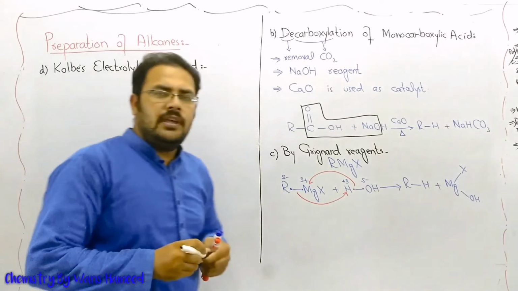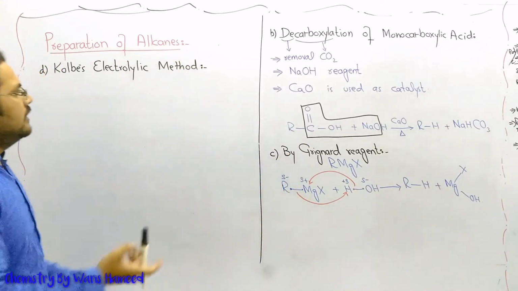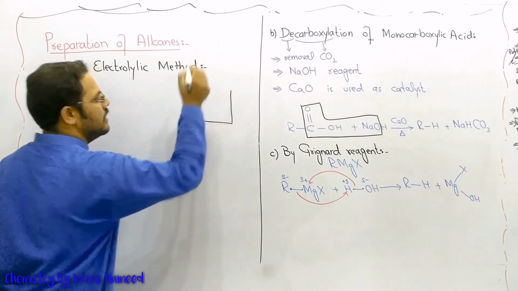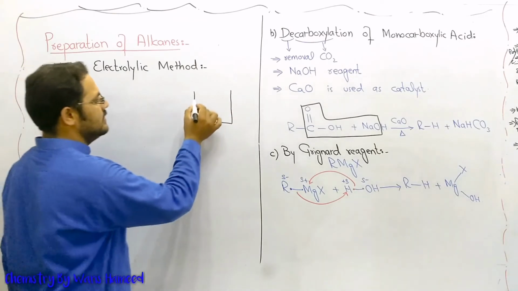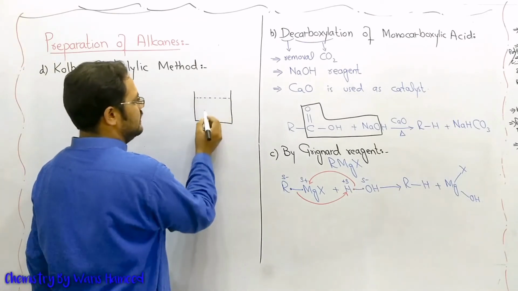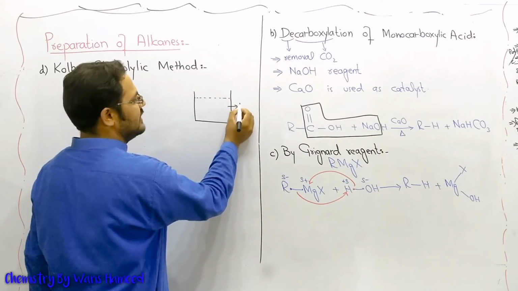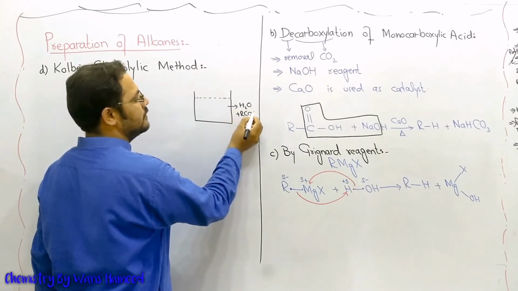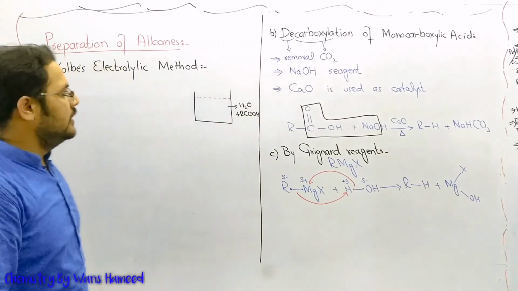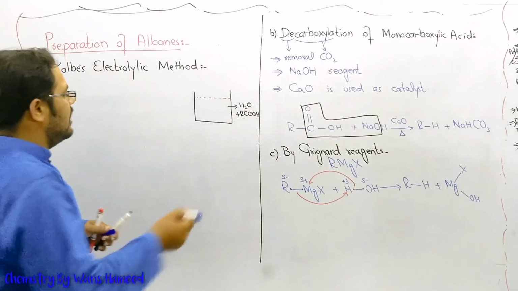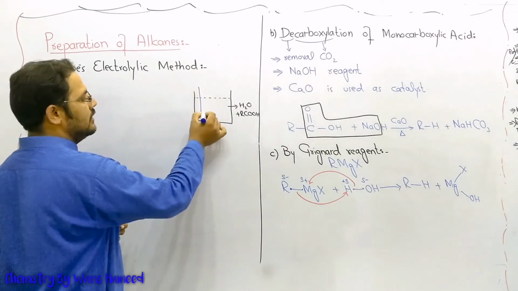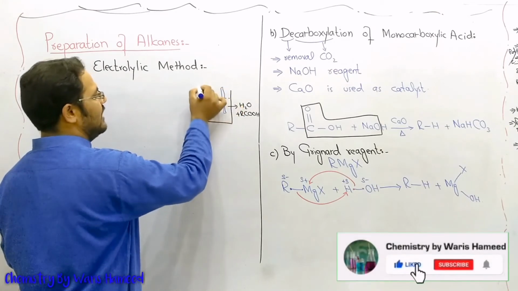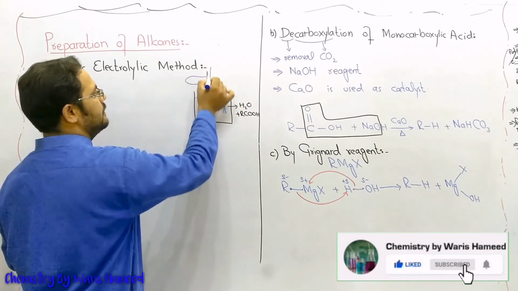In this, we take a cell or beaker like this, and we add our reactants in this solution. The solvent is H2O, and we add carboxylic acid as a reactant, and after that we also add 2 electrodes in this solution, and we connect these 2 electrodes with batteries.